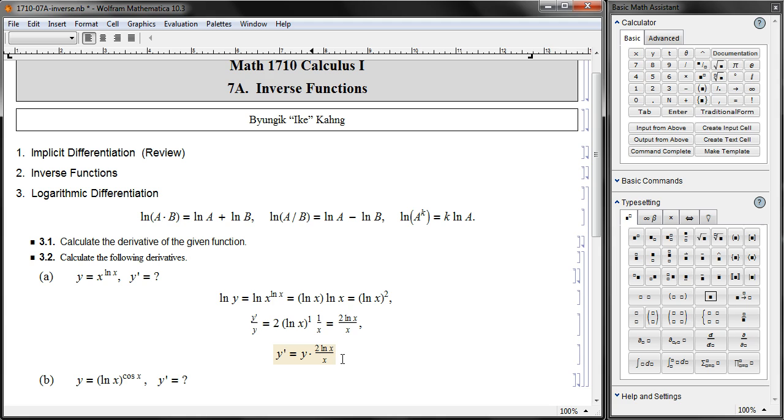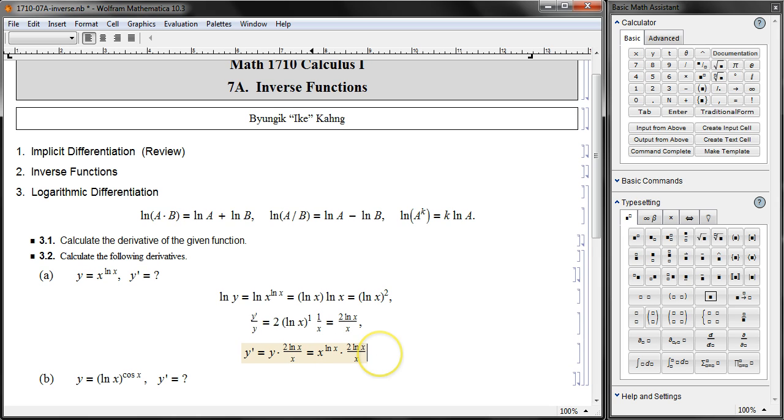Is this the end? That's not really a complete solution, because what is y? This is y. So you have to bring it back. So that times 2 log of x over x, and that'll complete the problem.